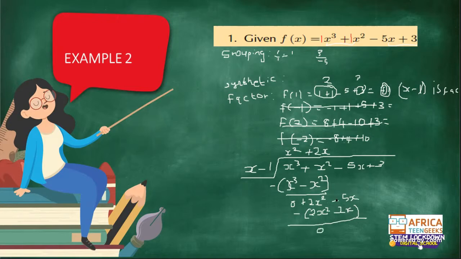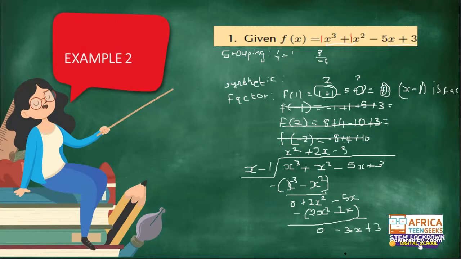And then minus 5x plus 2x, then you have negative 3x. Okay, then the same process again. Bring down the 3. Then you have minus 3x divide x, minus 3.